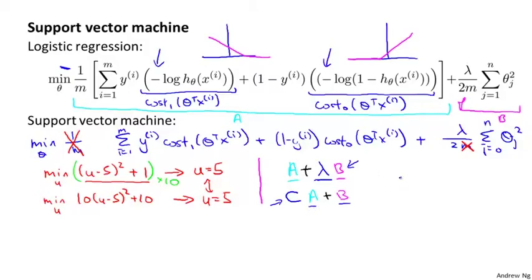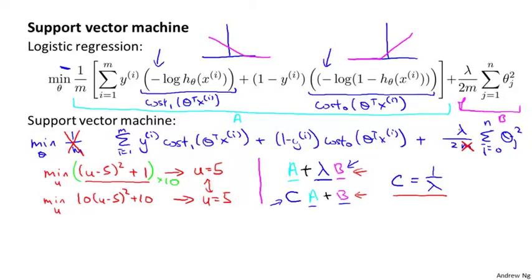If you want, you can think of the parameter C as playing a role similar to 1 over lambda. It's not that these two expressions will be equal if C equals 1 over lambda, but rather that if C is equal to 1 over lambda, then these two optimization objectives should give you the same optimal value for theta.